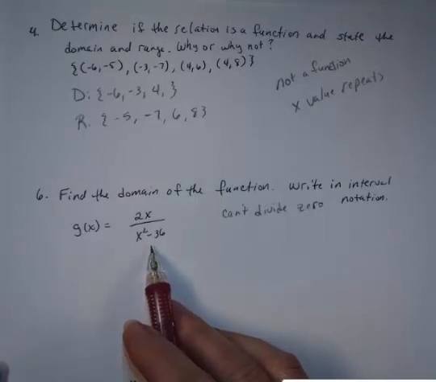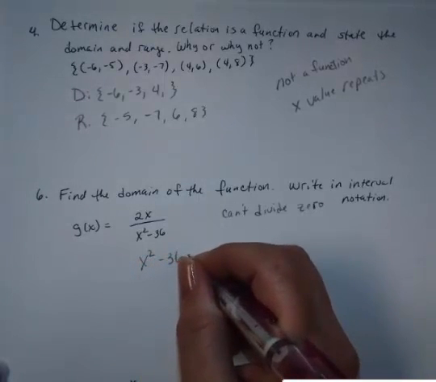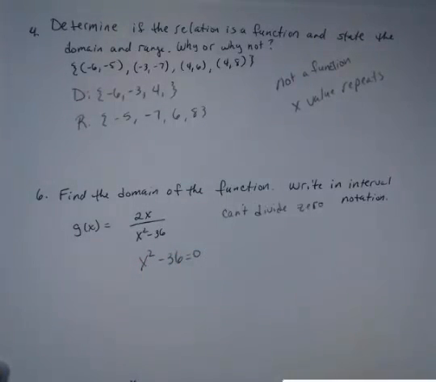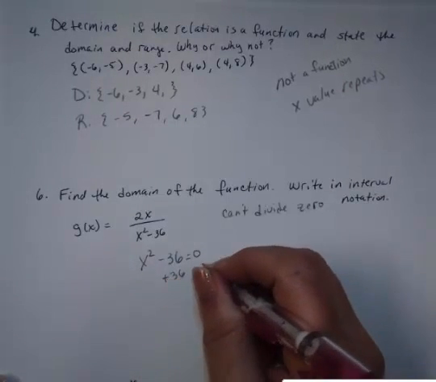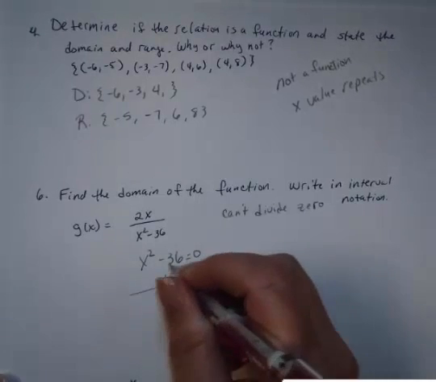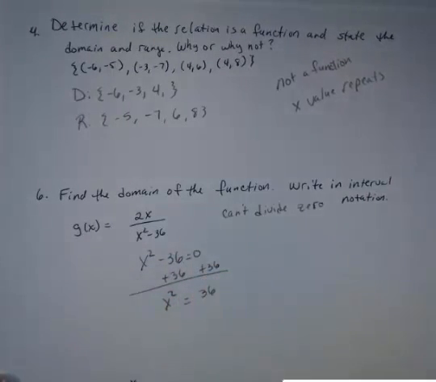So in this case, what we're going to do is set our denominator equal to 0. That will help us determine what causes us to get 0 when we divide, and we can remove that. So we're going to add 36 to both sides, opposite of what's being done. We have x squared is equal to 36.